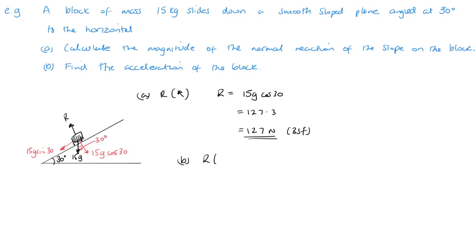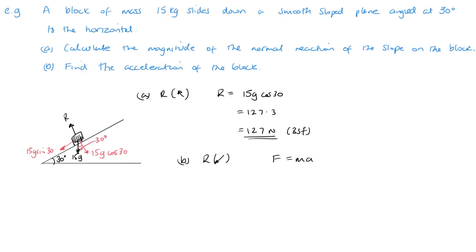Now we want to find the acceleration. So now we're going to resolve parallel with the plane. I can do it going up, but I know this is sliding down the plane, so I put my arrow going down because I want down as positive. So F equals ma.